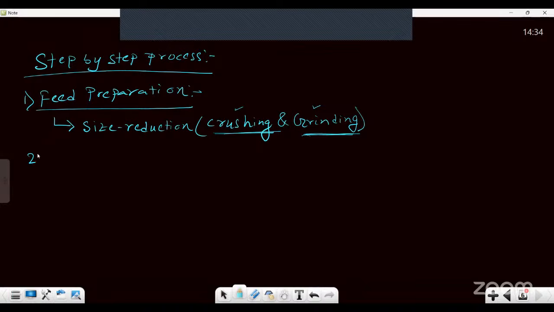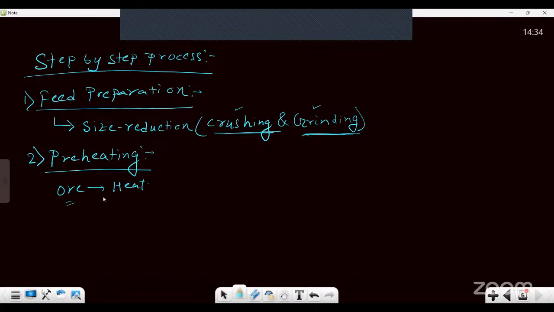Now preheating. After the feed preparation, we should be going with preheating. Preheating means once the sizing is done, my ore is going to be preheated. I am going to heat the ore. Now, why is this done? It is to remove the absorbed moisture.